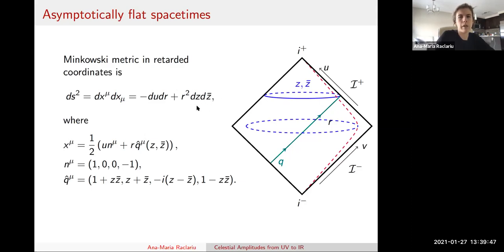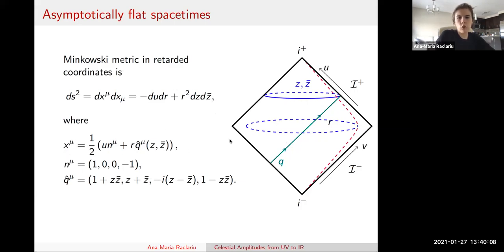So this z and z bar are just the usual angles in spherical coordinates, but after stereographic projection to the plane. And this u coordinate here is a retarded time. So it's basically the difference between the usual Minkowski time and the radial coordinate.